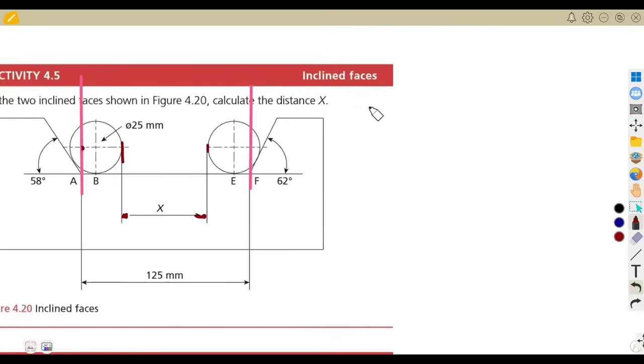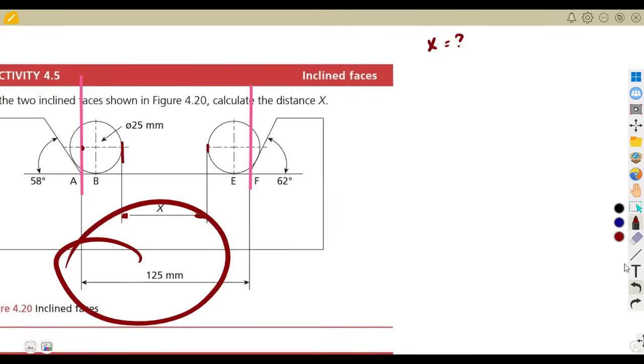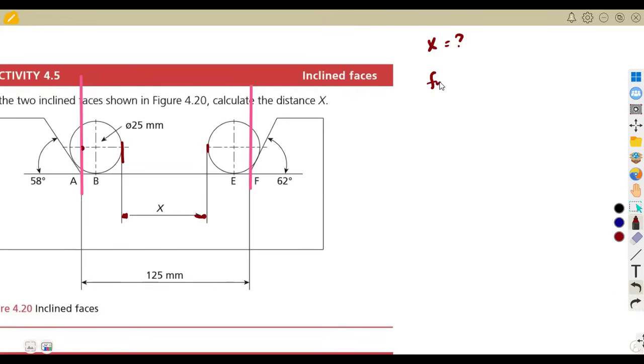So like I said, from the 125, remember, we want to calculate x. We do not know x. So always work with the biggest distance that you're given there, 125 millimeters. From the 125 millimeters, we are going to see that it is a combination of this A to B, plus from B to this point here.